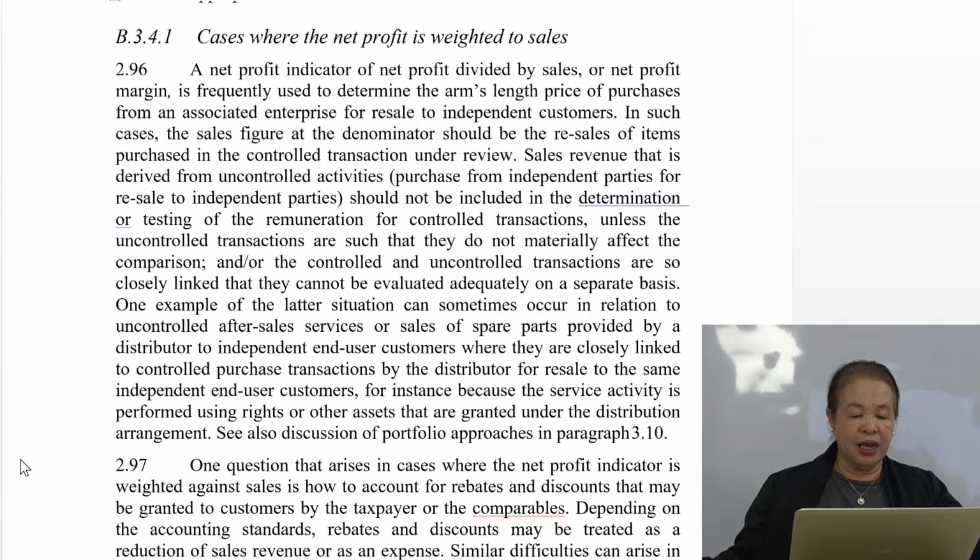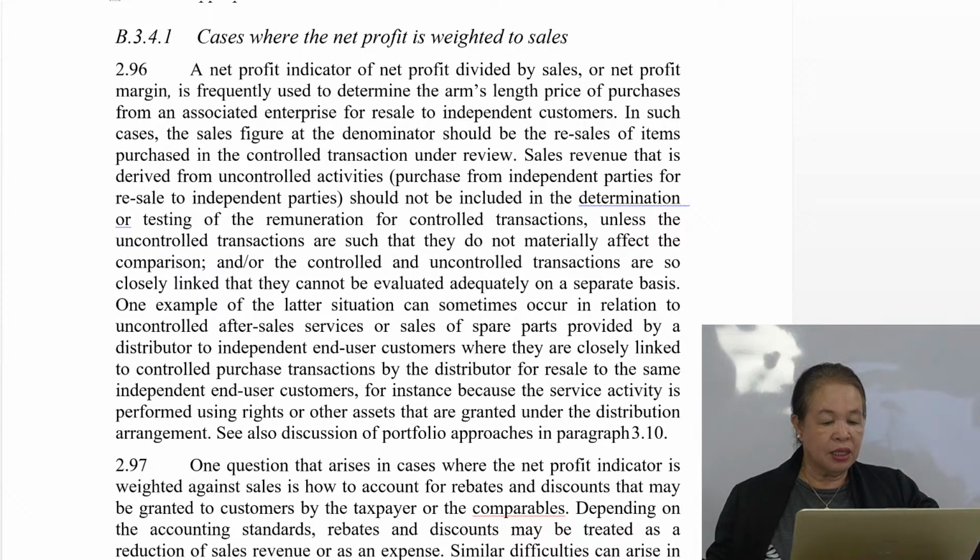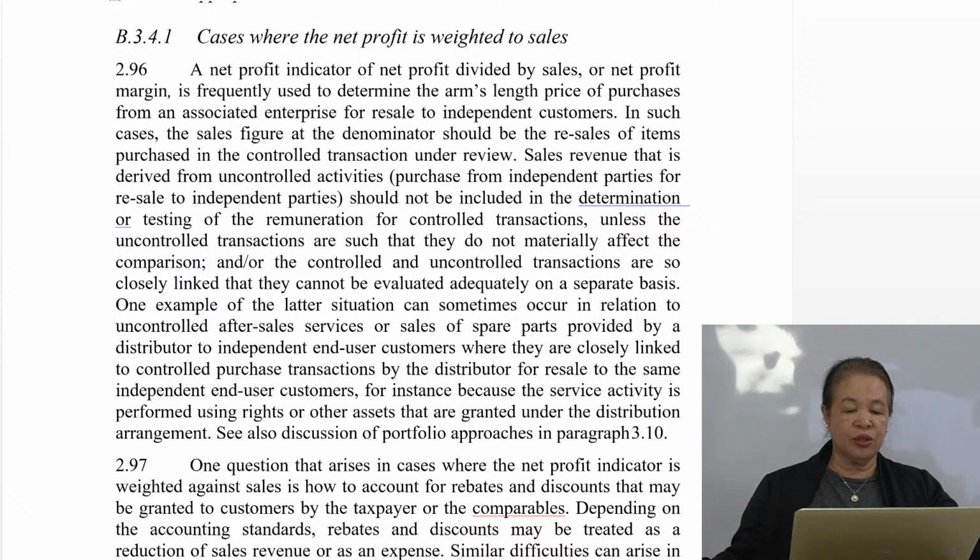One example of the latter situation can sometimes occur in relation to uncontrolled after-sales services or sale of spare parts provided by a distributor to independent end-user customer. So they are closely linked to controlled purchase transactions by the distributor for resale to the same independent end-user customers. For instance, because the service activity is performed using rights or other assets that are granted under the distribution arrangement. See also discussion of portfolio approaches in paragraph 3.10.